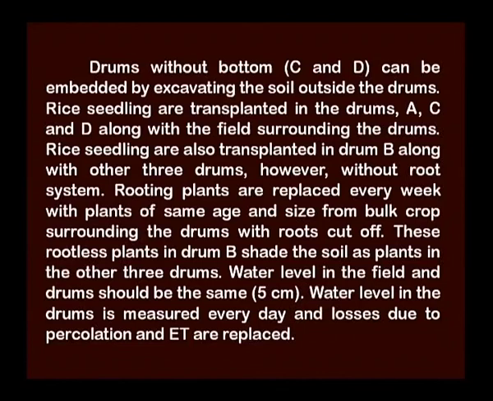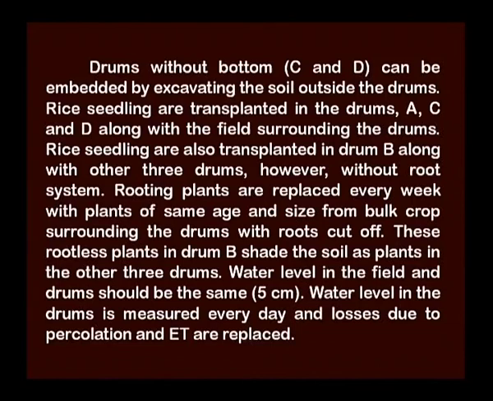Rice seedlings are transplanted in the drums A, C and D along with the field surrounding the drums. Rice seedlings are also transplanted in drum B along with the other 3 drums, however without root system. Rooting plants are replaced every week with plants of same age and size from bulk crop surrounding the drums with roots cut off.